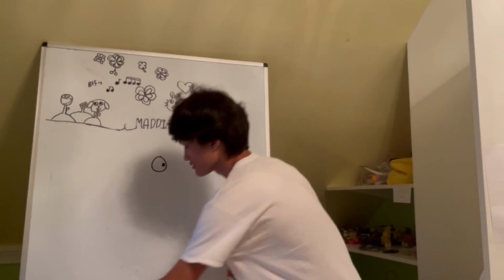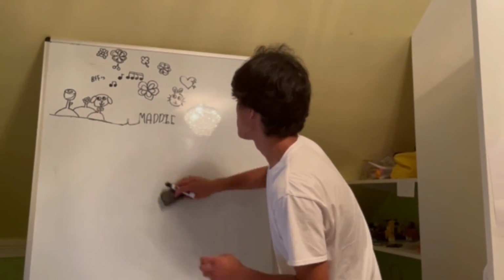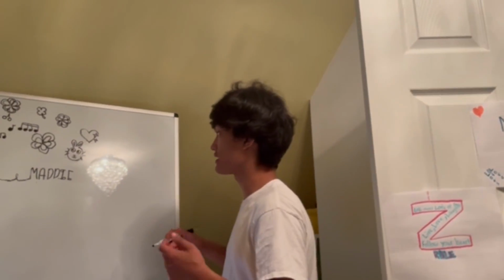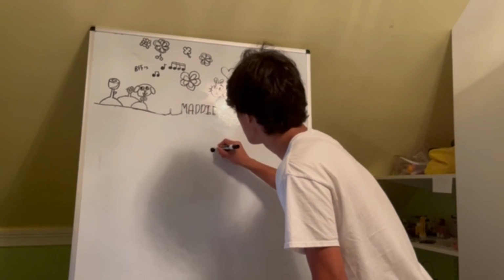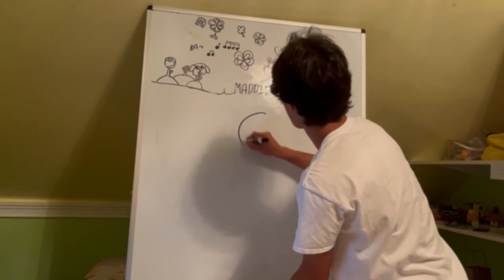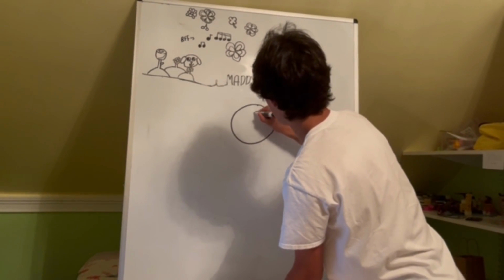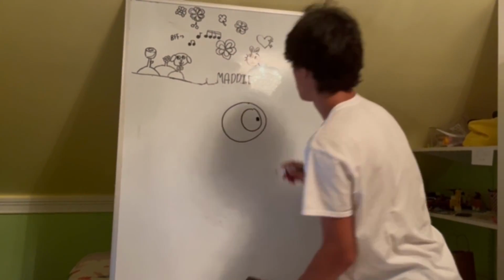So basically, once the source emits another pressure wave, it's going to look something like this. It's going to look like that.